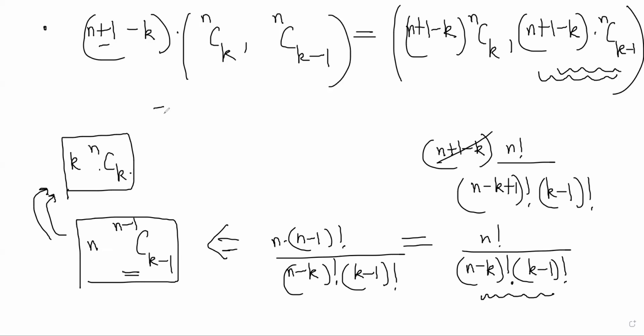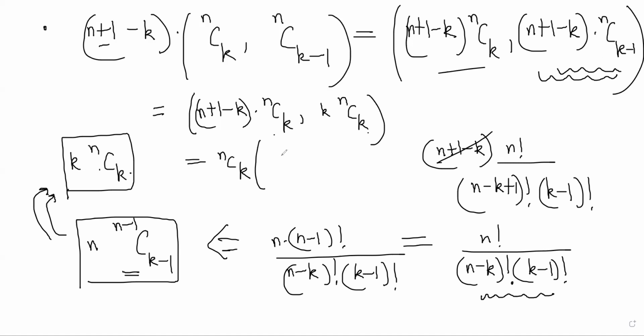So this expression can be written as n plus 1 minus k multiplied by nCk, comma, n times n-1 Ck-1, which is k times nCk. Now you have nCk common here, so nCk can come out, and it is the GCD of n plus 1 minus k with k.